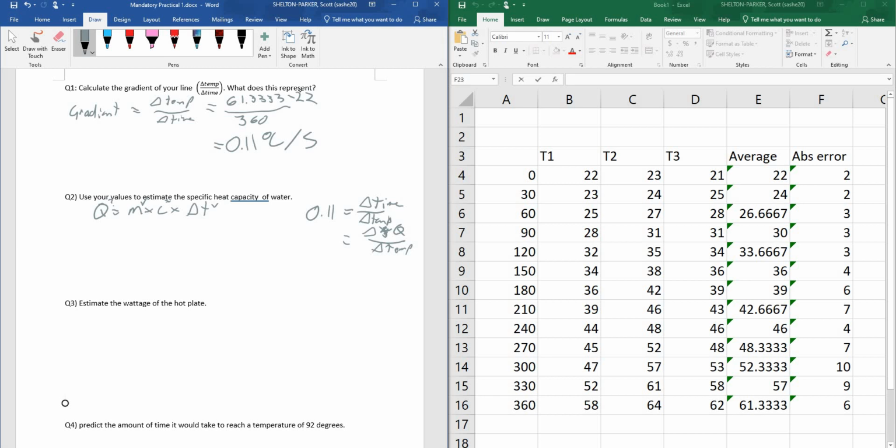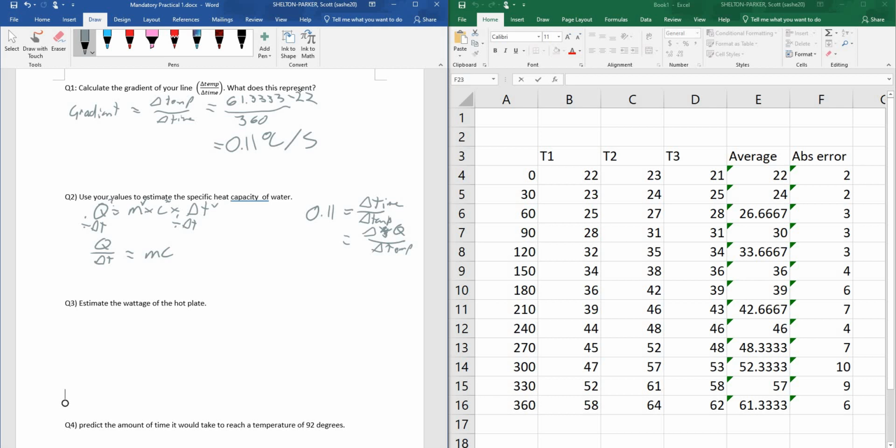So can I then say, well, if I divide this side by delta T and divide this side by delta T, we then have Q divided by delta T equals MC. You see the link between Q over delta T and delta Q over delta T on the right there? Yes. So it's actually a direct relationship between the two of them.